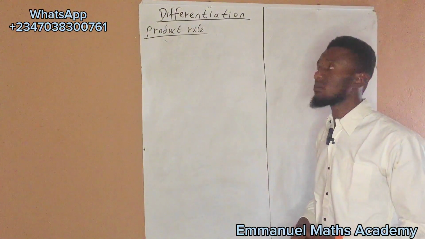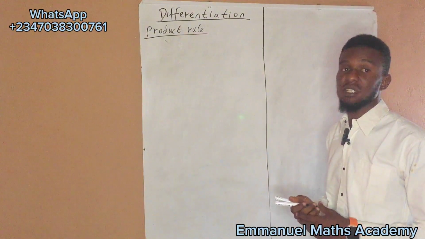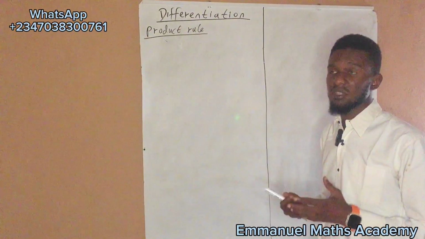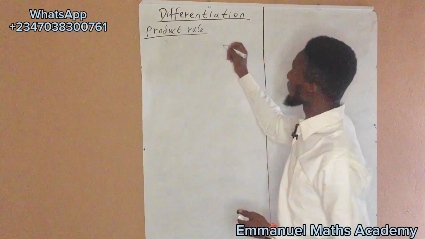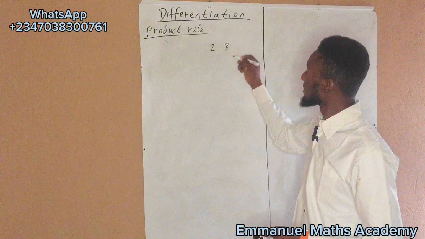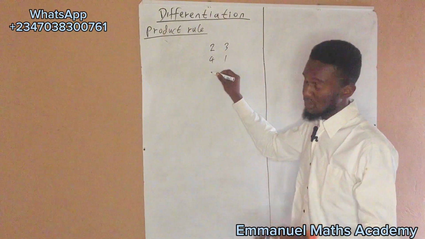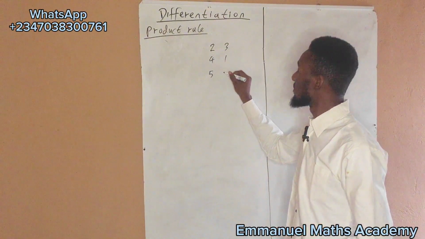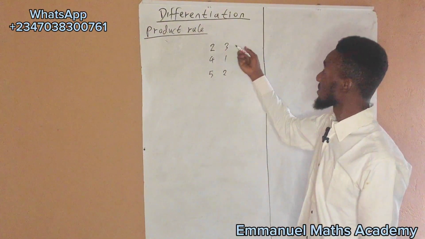What is a product? Product simply means multiplication, the multiplication of numbers. When you have 2 and 3, 4 and 1, 5 and 2, the product of these two numbers is what?